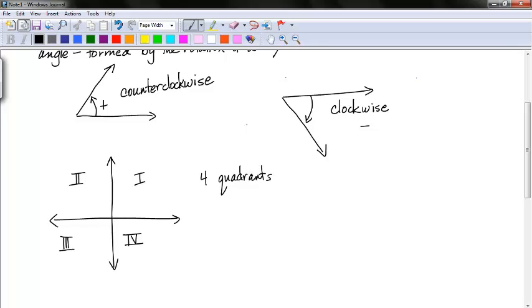Now there is a key phrase when you're going through the homework, and it's called the standard position of an angle. They talk about this basically so we all agree where we're starting. Where is that initial ray starting out? Standard position of an angle.